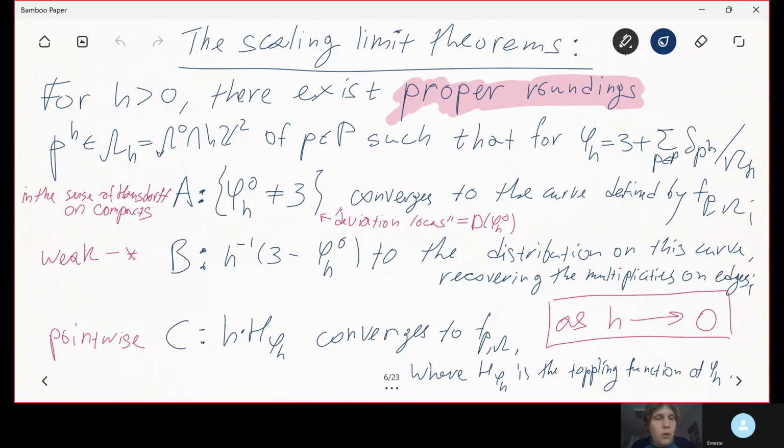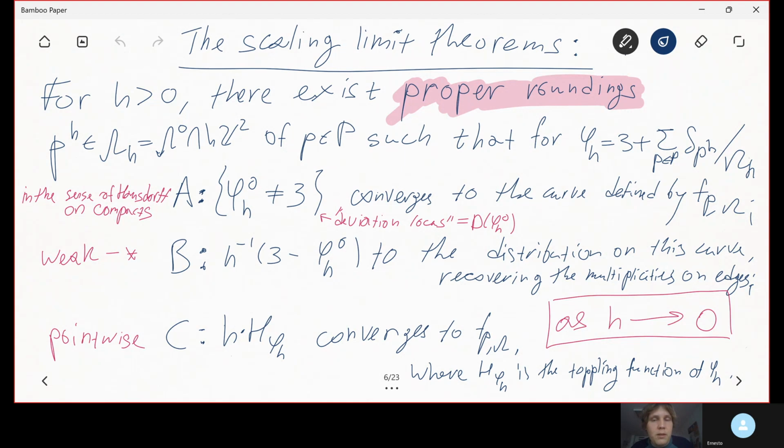And we have omega with lower index H, which is omega interior with intersection with the lattice of this size.